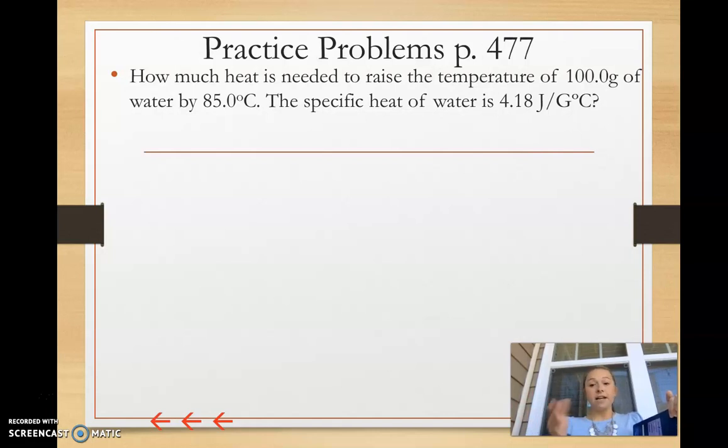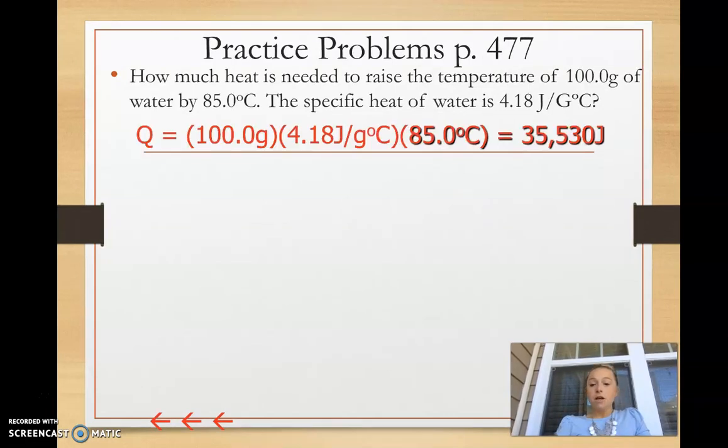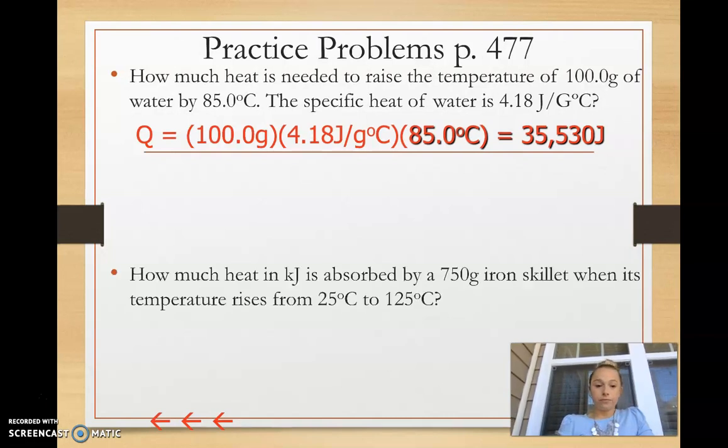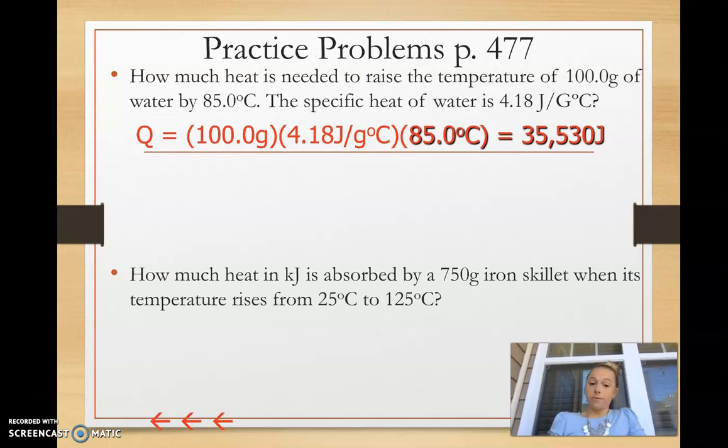Our specific heat is given right there again. It's 4.18. And then our temperature change is going to be 85 degrees Celsius. So right there is going to be your answer. You multiply all those and you're going to get 35,530 joules.